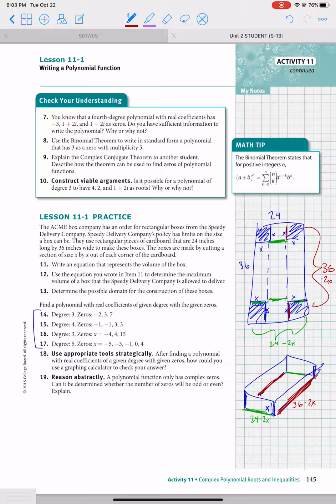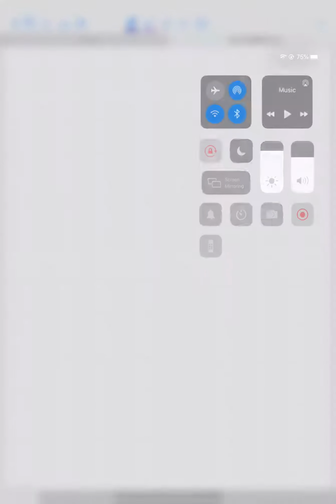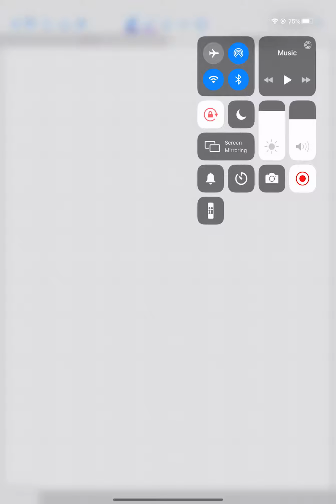So when we find volume, and I'm going to move on to the next page for this. Sorry, let me go landscape, didn't realize, nope, can't do it now, too late. So we need to write the volume.